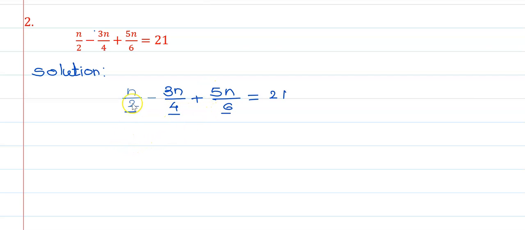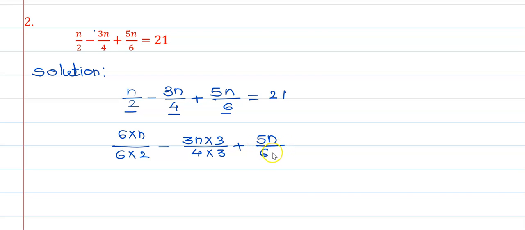Therefore if we multiply the numerator and denominator by 6, that is 6 into n upon 6 into 2, minus 3n into 3 upon 4 into 3, plus 5n into 2 upon 6 into 2, and that's equal to 21.